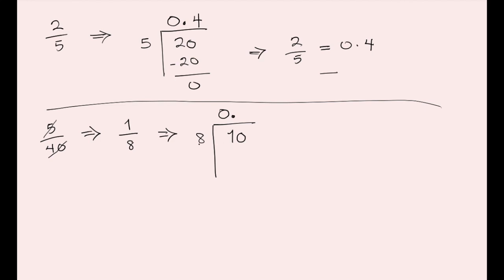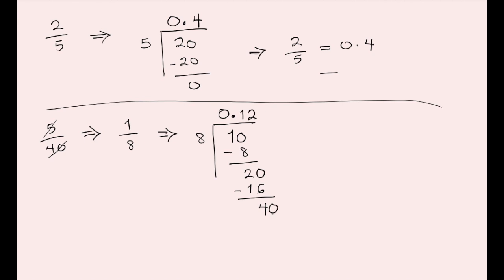Now 10 divided by 8 is possible one time, and 1 times 8 is 8. So that subtraction will give 2. Now to make this division possible, we'll add another 0 here, and 20 divided by 8 is possible 2 times. 2 times 8 is 16. That will yield 4.